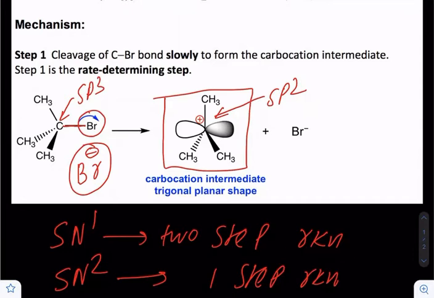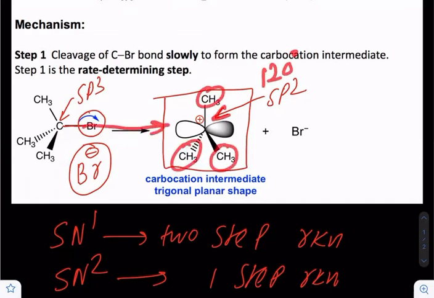So now this carbon has a formal positive charge. In this case, here we have an angle of 109 and here we have an angle of 120 degrees. So stability increases.